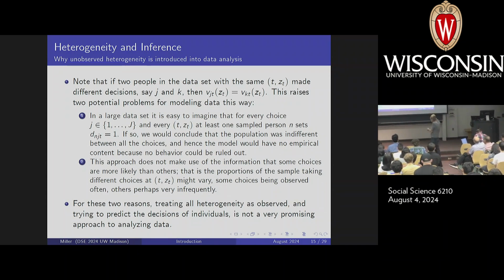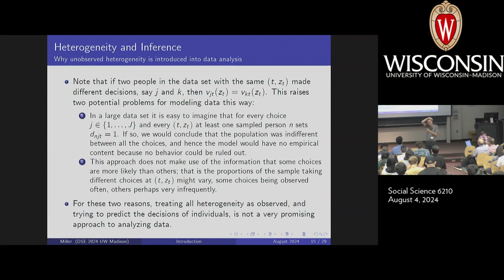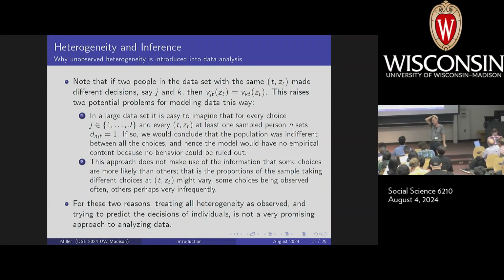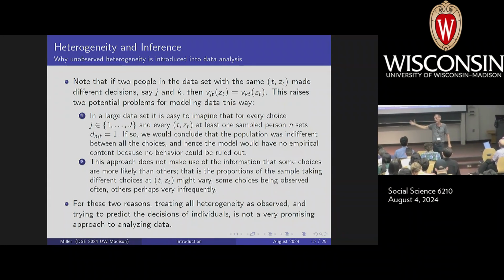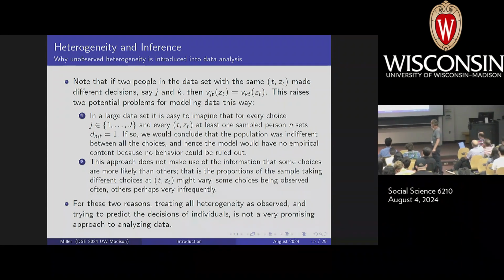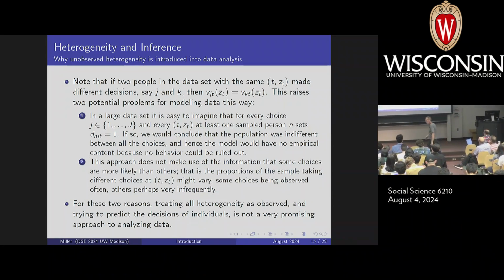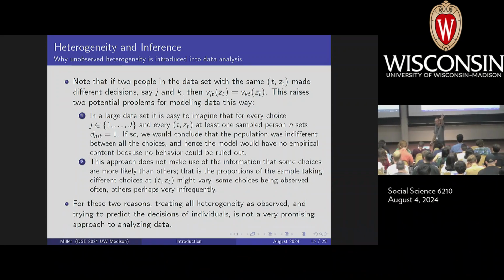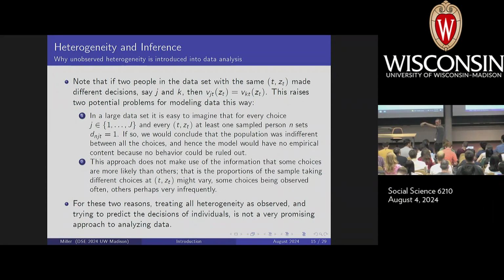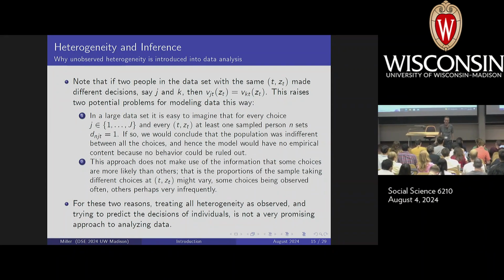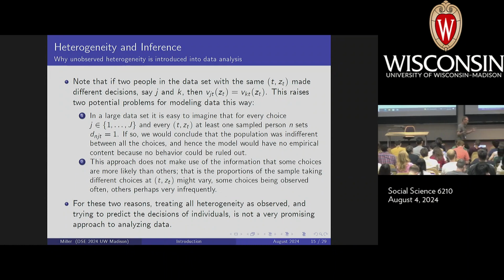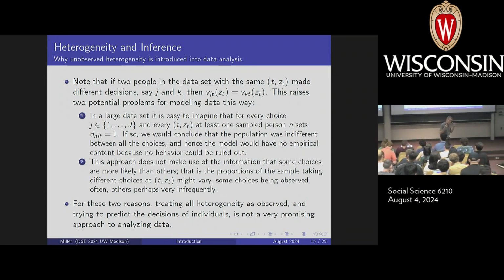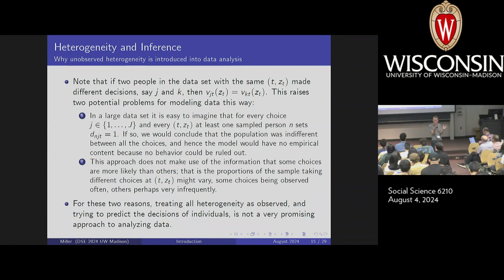So that's one problem we would face by thinking that we observed everything that was possible. There's another problem that we would face too, because 99% of the time they're making one choice, and then there's this 1% that makes another choice. It's like, wouldn't you want to be able to say that most of the people make the 99% choice?